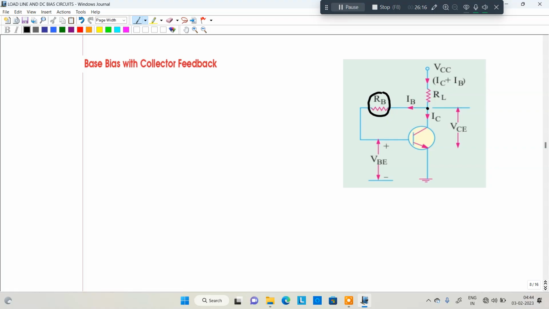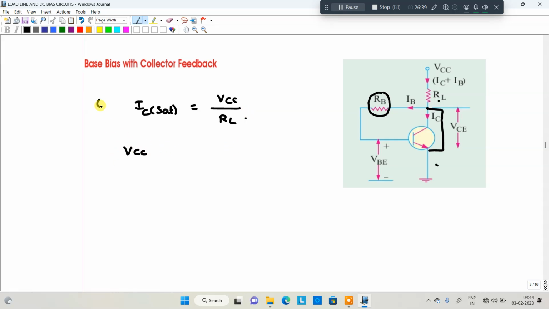In this particular case, we are going to discuss the formulas. IC saturation is equal to VCC divided by RL, since there is no RE, only RL.